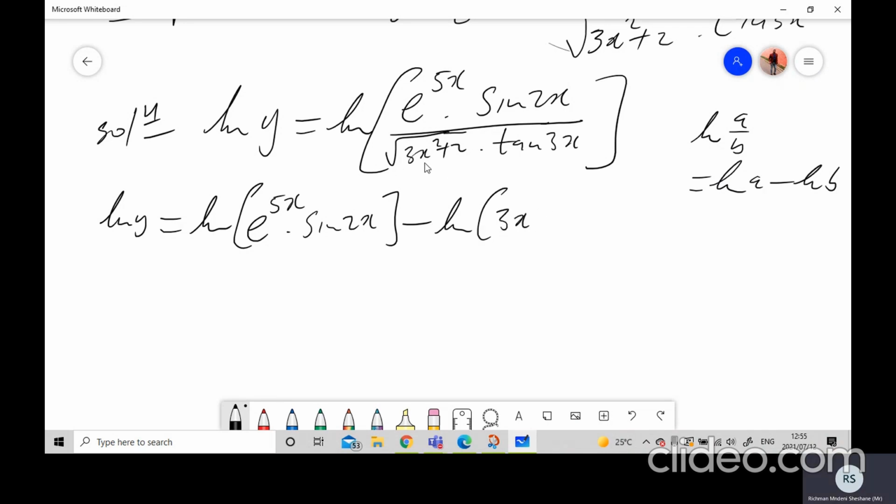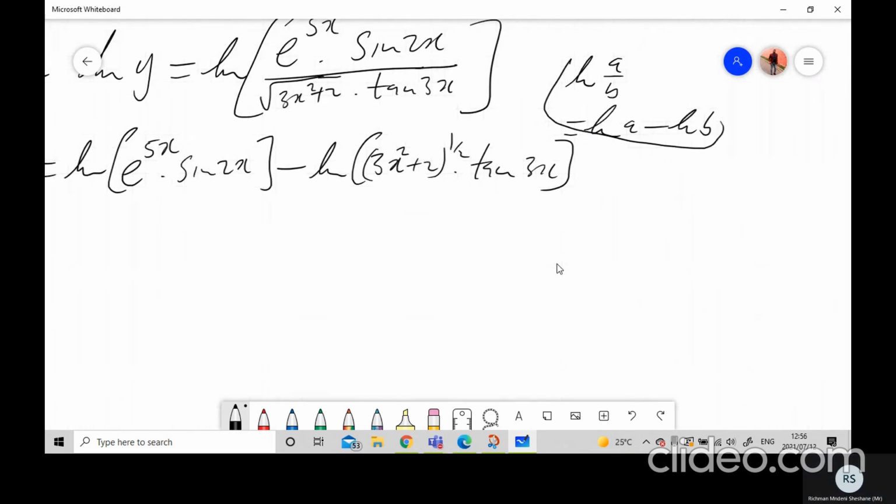I can write the square root of 3x squared plus 2 as 3x squared plus 2 to the power of half, multiplied by tan 3x. So this is ln of a minus ln of b. We still see one of the properties here, this is the first log property.